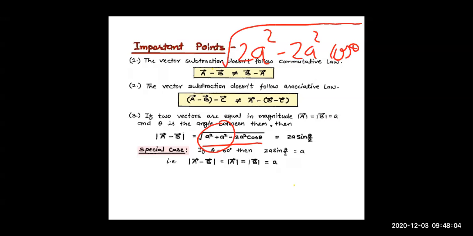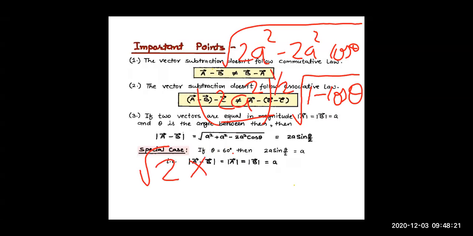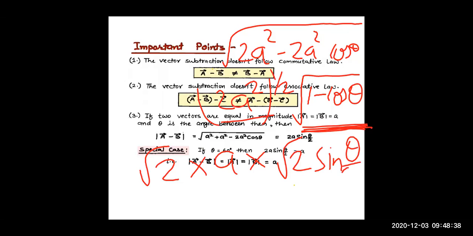Now if you take 2a square common out of the square root, what will be left in the square root is 1 minus cos theta. Applying the square root, you get root 2 into a, and this is your trigonometric formula: the square root of 1 minus cos theta is equal to root 2 sin theta by 2.